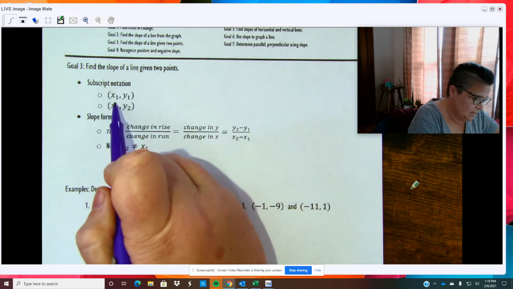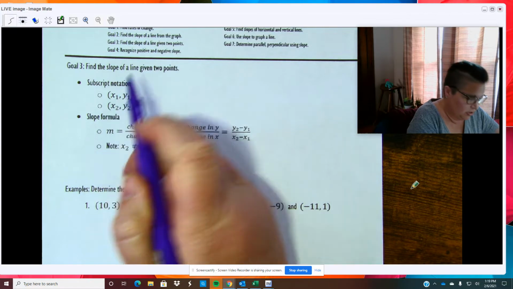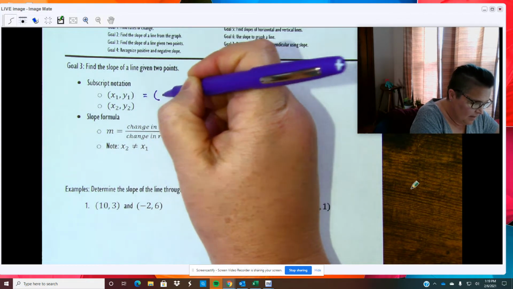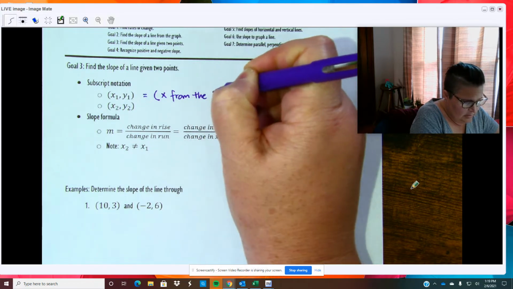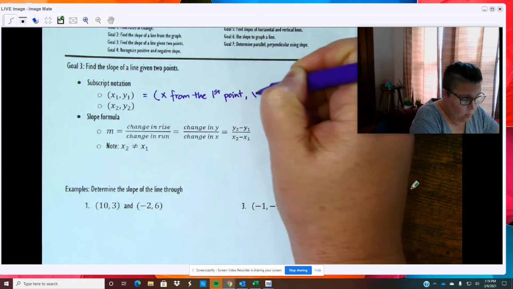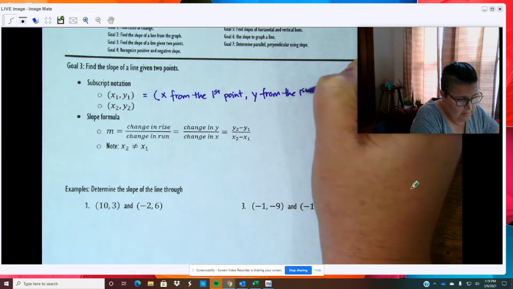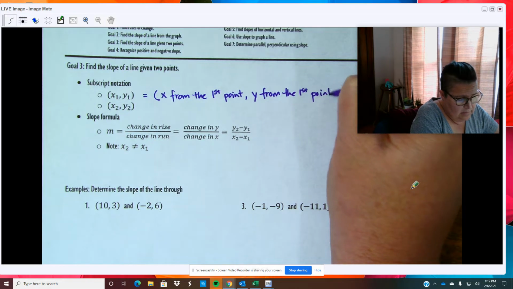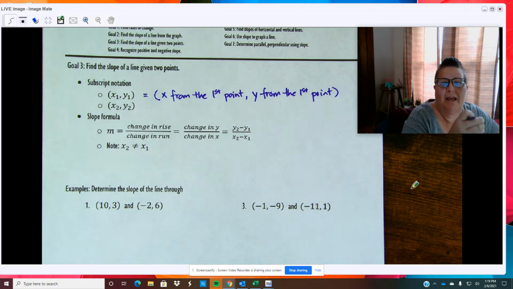This x sub 1, y sub 1 is not times or multiplication. It just means x from the first point, and then y from the first point. And rather than write all that out, we just write x with a little bit of a 1 next to it.